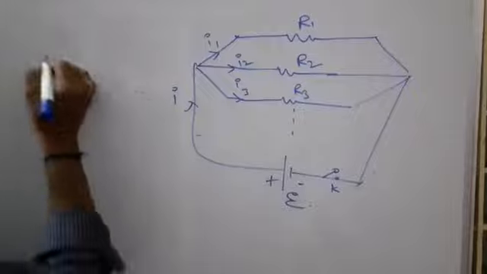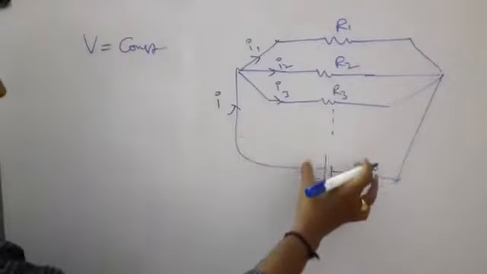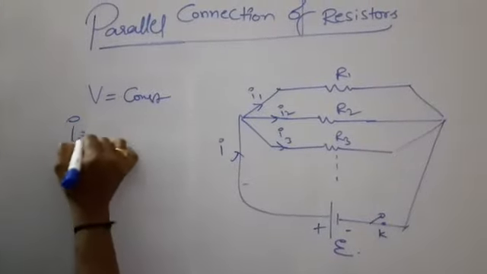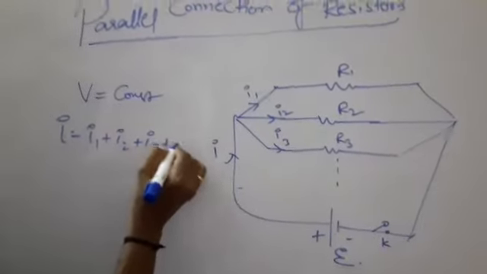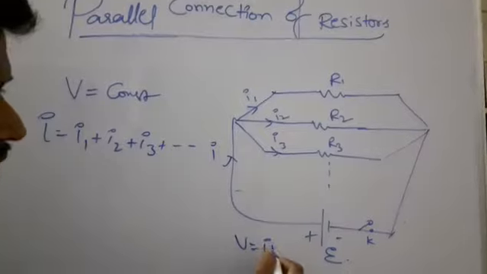The potential difference V is constant across each resistor, equal to the battery potential difference, and the net current is equal to the sum of the individual currents. According to Ohm's law, V is equal to IR.